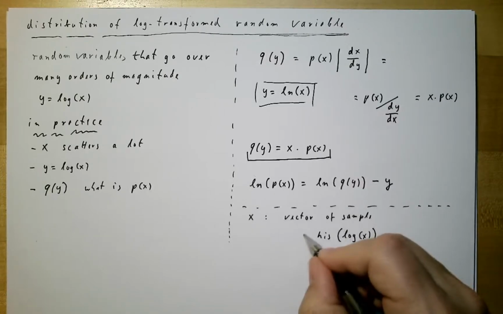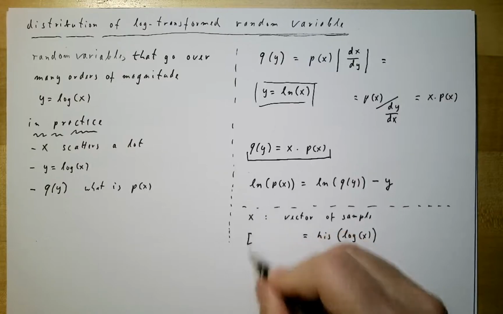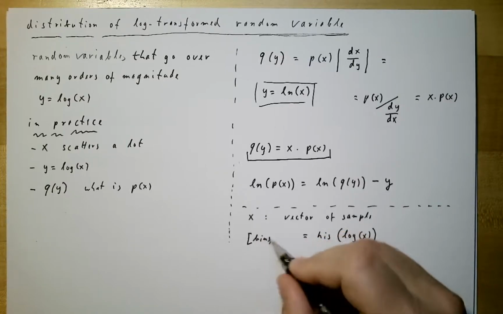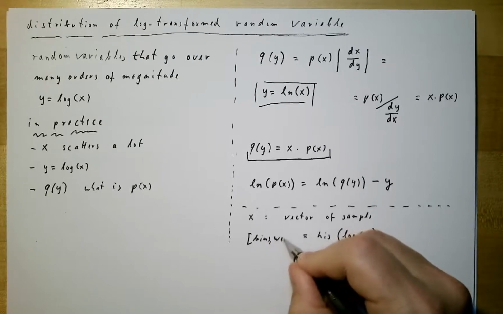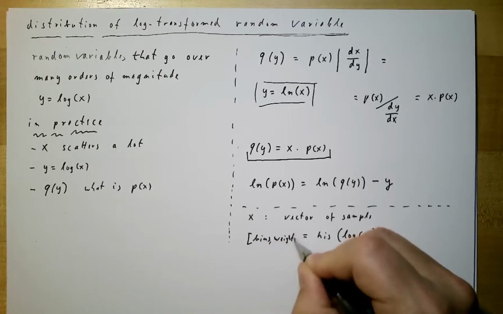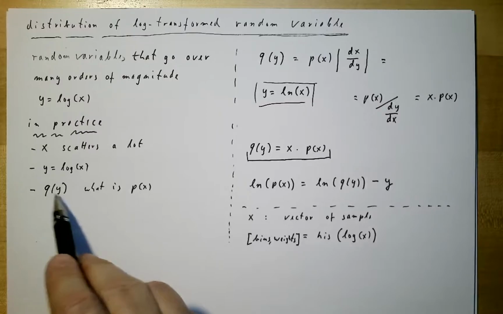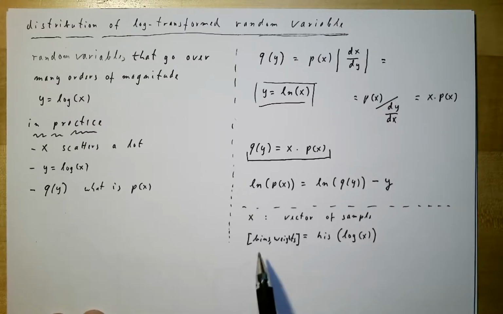And we don't plot this directly, but we let the algorithm give us the bins, and let it give us the weights. So this gives us our distribution of the log transformed variables, the bin position and weight.